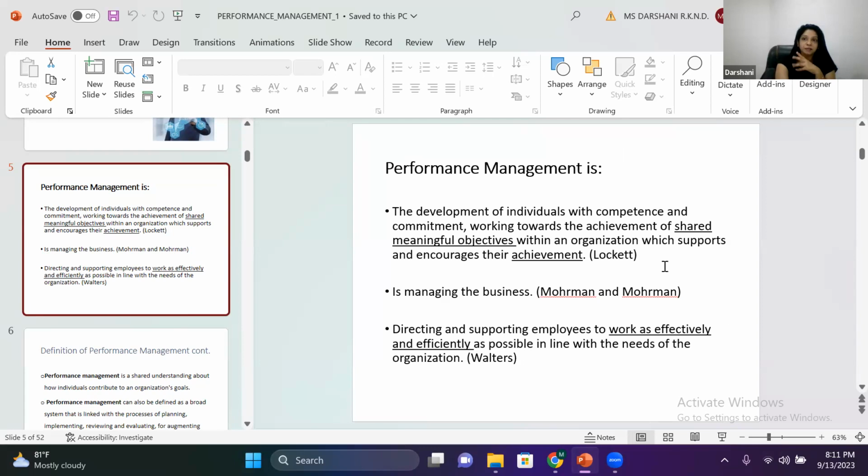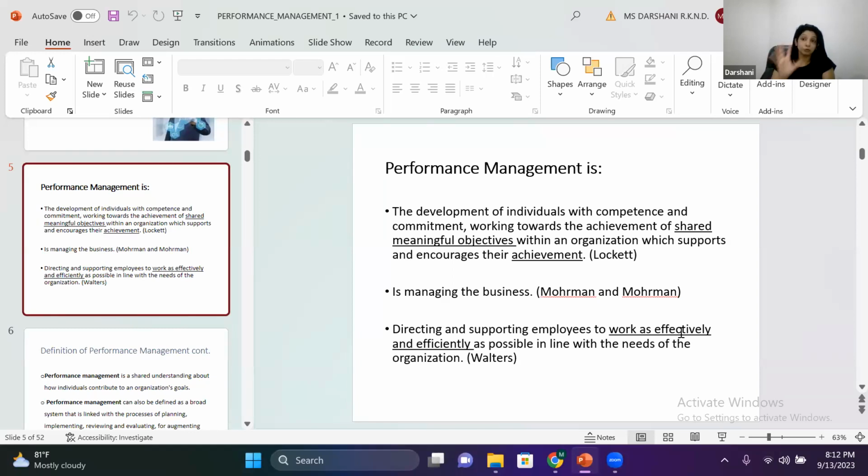So I defined these words. When it comes to effectiveness, it means you are doing the right things. You are doing the right things means that at the very first time you take the right decisions. If you have the knowledge, the experience, and the education in that area, your tendency to take right decisions is high.